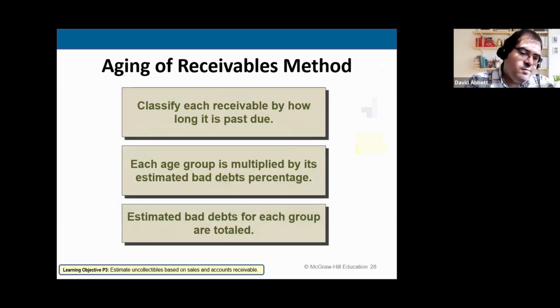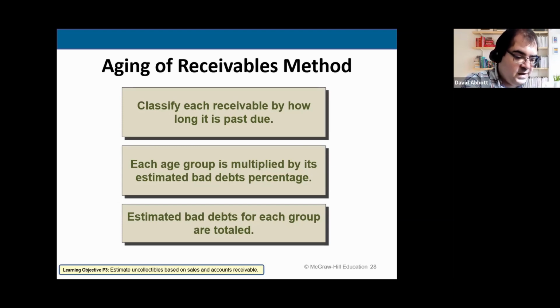Aging of accounts method. The aging of accounts receivable method, also called a balance sheet method, uses both past and current receivable information to estimate the allowance amount. Each receivable is classified by how long it is past its due date.